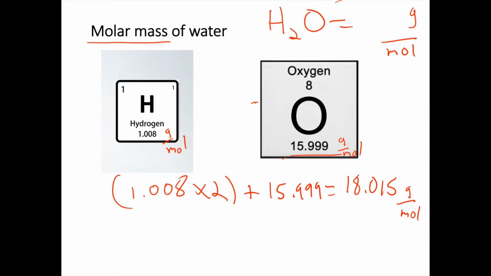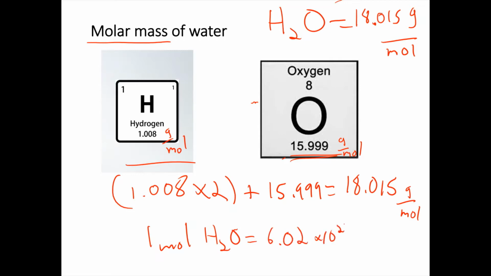So when I add up the grams per mole for 2 hydrogens and 1 oxygen, I get a total of 18.015 grams for every 1 mole of water. That means 1 mole of water, which is 6.02 times 10 to the 23rd molecules of water, is equal to 18.015 grams.